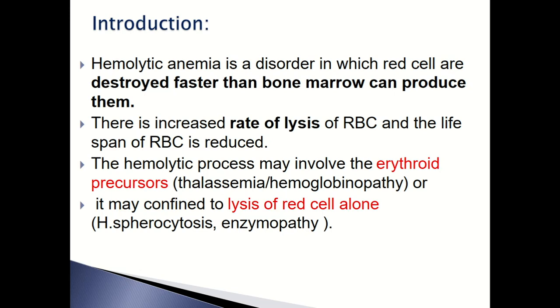The second group is lysis of the red cell alone, like in RBC membrane defects as in hereditary spherocytosis, or enzyme deficiencies like pyruvate kinase deficiency and G6PD deficiency. Once there is congenital deficiency of these enzymes, there is definitive lysis of red cells alone, which in turn leads to hemolysis.